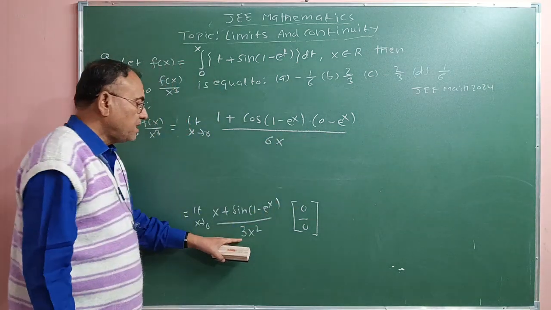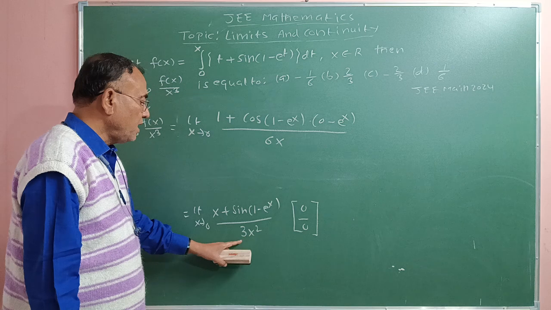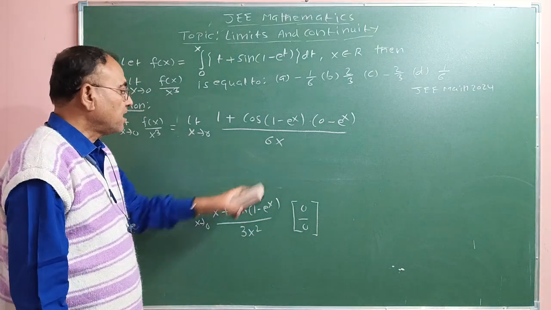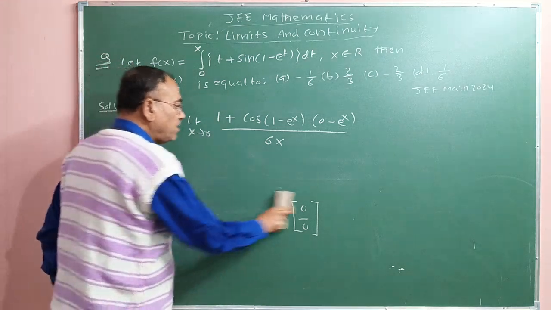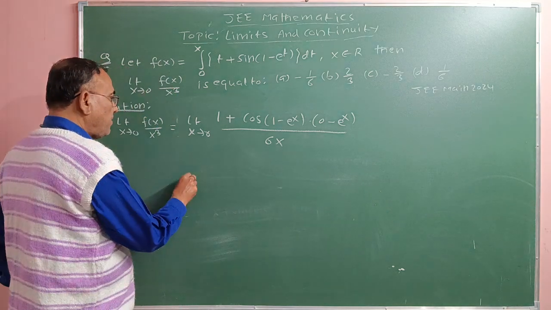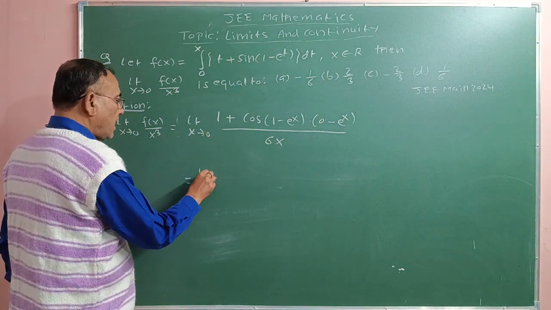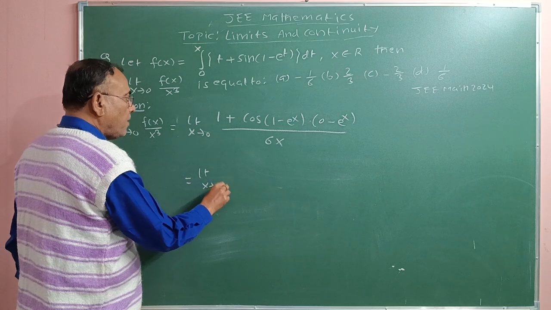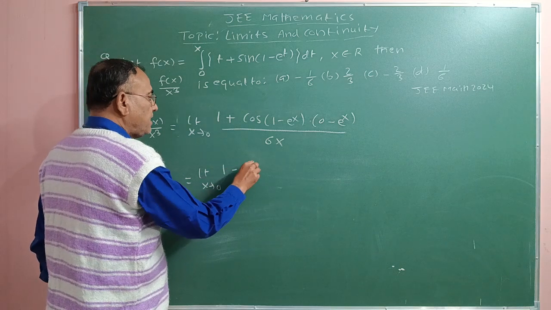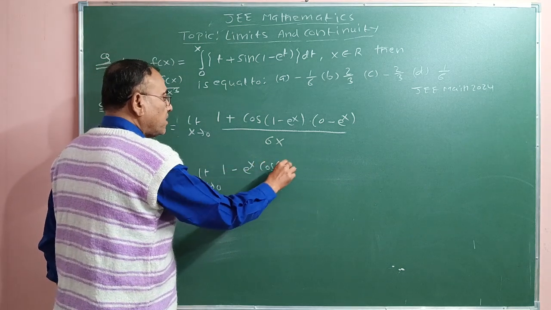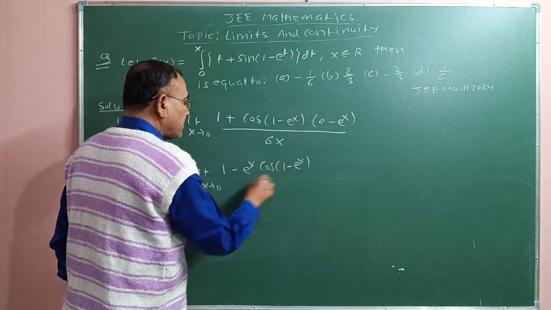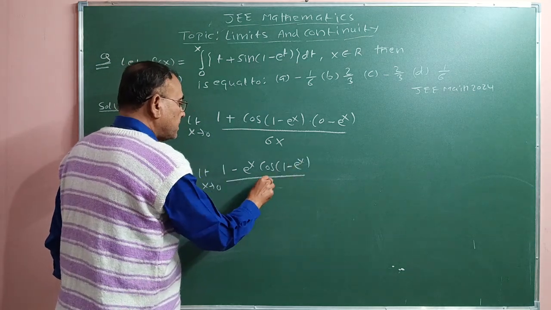Differentiating the denominator, 3 into 2x is 6x. This is equal to limit x tends to 0 of 1 minus e^x cos(1 minus e^x) upon 6x.